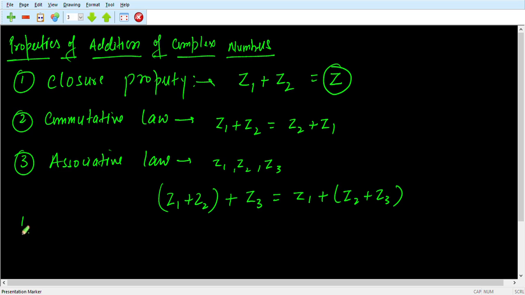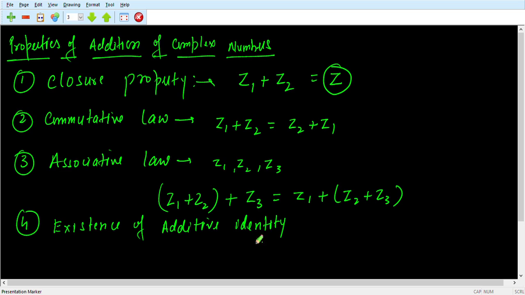The fourth property is existence of additive identity. Additive identity means what we should add to a complex number so that the value of the complex number is not going to change.